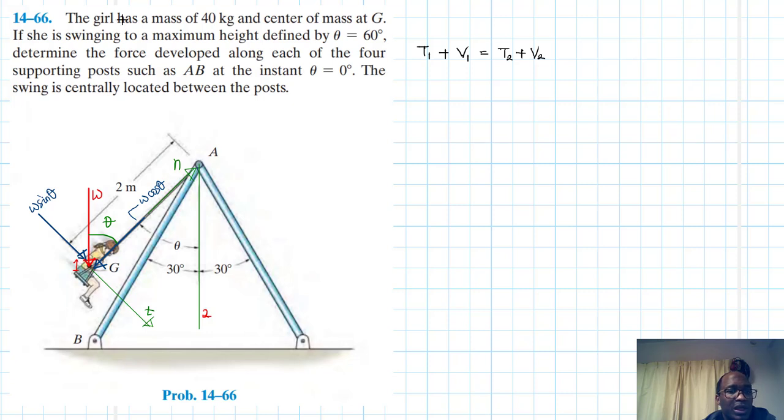We've been told that this girl has a mass of 40 kg at G, and if she is swinging to a maximum height defined by theta equal to 60 degrees, determine the force developed along each of the four supporting posts. So we have four posts, you can think of these like this, like so.